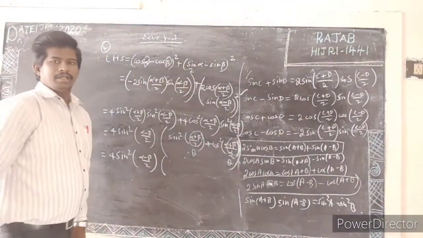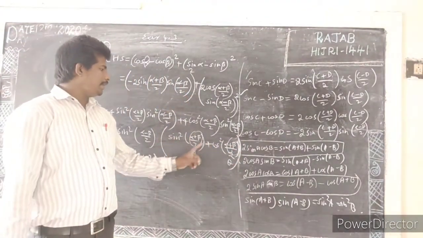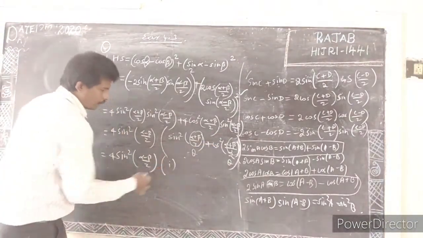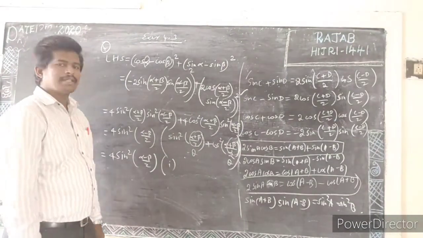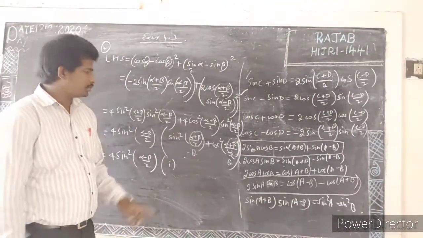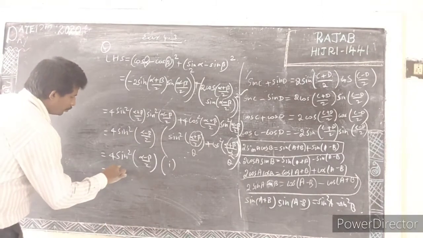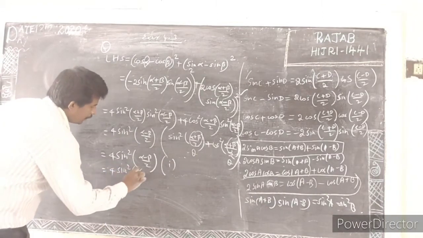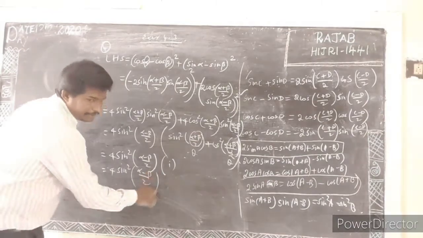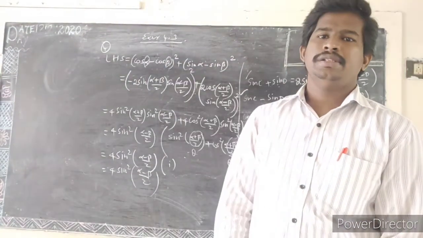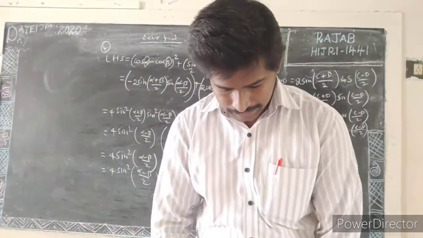So this is the form sin square theta plus cos square theta, which is 1. So I am going to substitute the value. So what will happen? 4 sin square (alpha minus beta)/2, which is our required RHS. Hence we have proved the result.